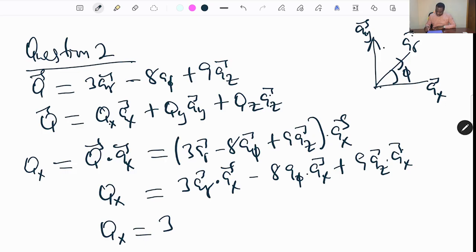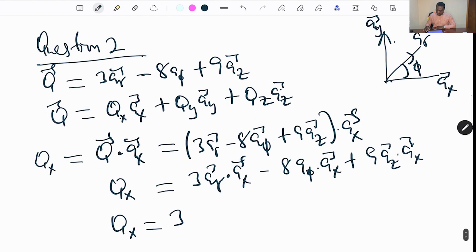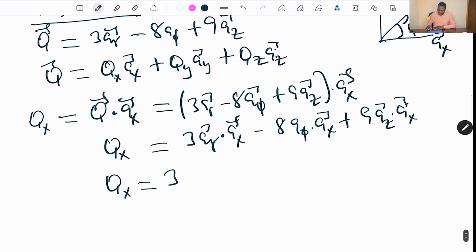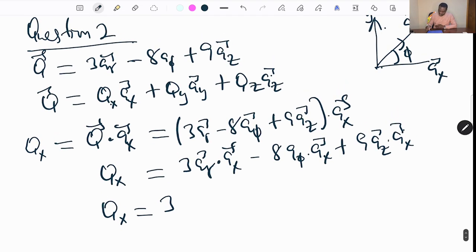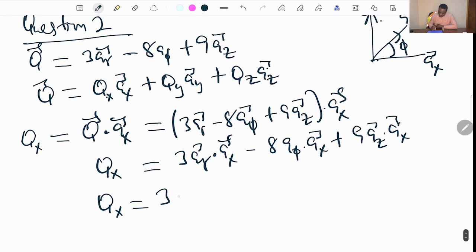With this, you can see that the dot product of a_rho and a_x is simply the product of the magnitudes of the unit vectors times the cosine of the angle between them. Since they are both unit vectors, each magnitude is 1, so 1 times 1 gives us 1, times the cosine of the angle between them.